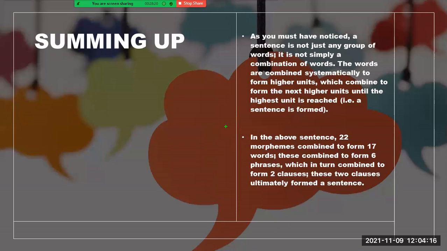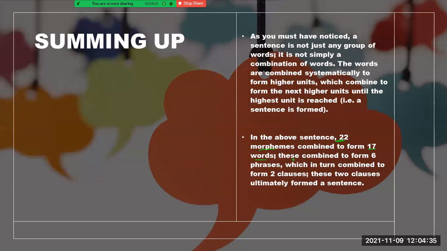Now, in the above sentence, 22 morphemes combine to form 17 words. You see, 22 morphemes combined to form 17 words.